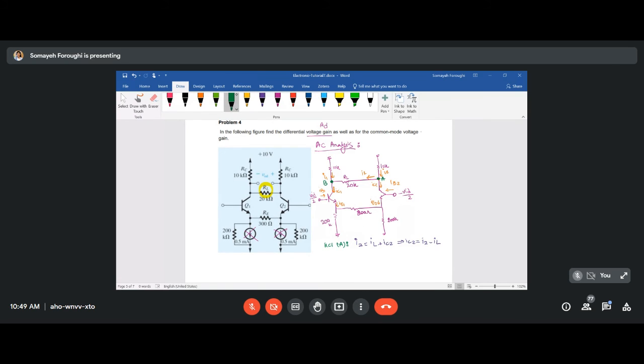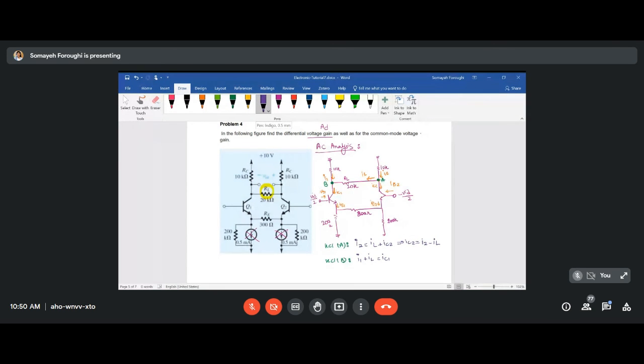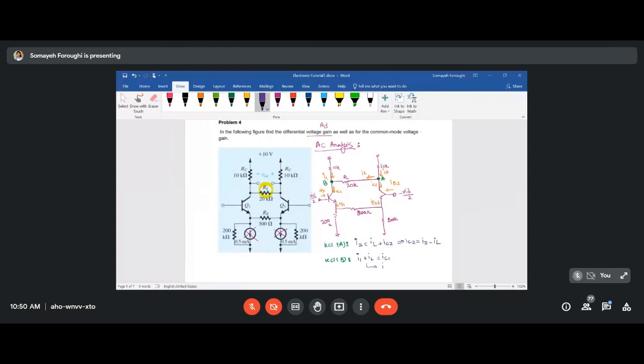Now, repeating KCL at node B, you know that I1 and IL are entering the node, while IC1 is exiting it. Simply, you have your IC1. And from here, I1 will become IC1 minus IL.